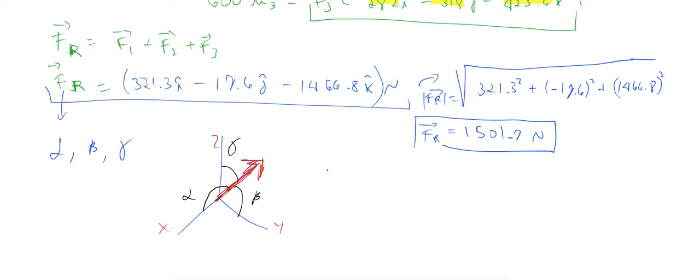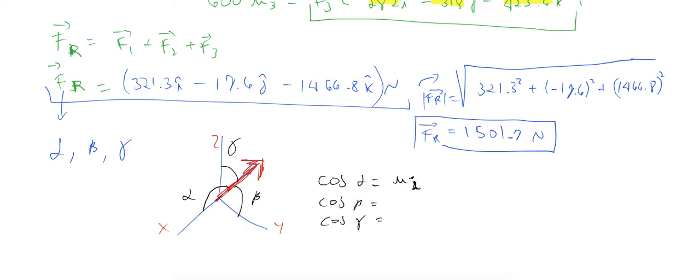Essentially, what we're calculating is cosine alpha, cosine beta, and cosine gamma, which are exactly the same thing as the components of the unit vector that we can calculate in the I direction of any force or any vector, right?